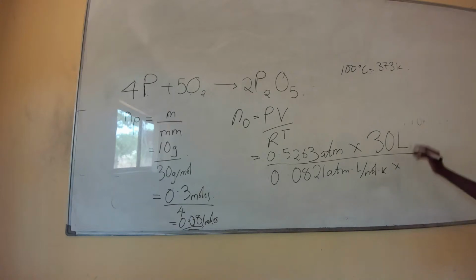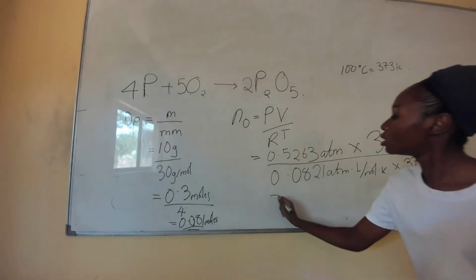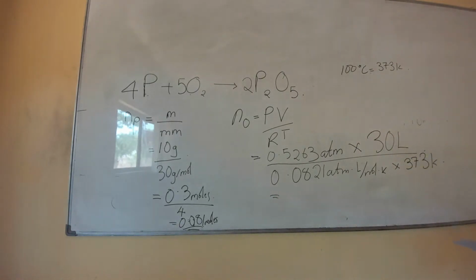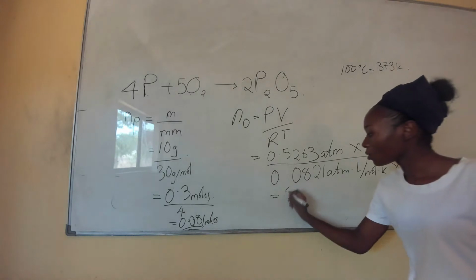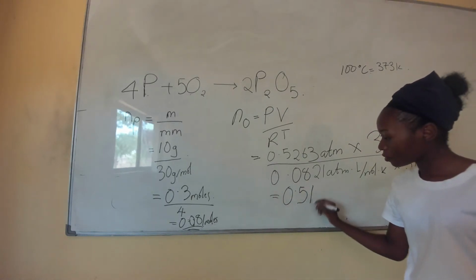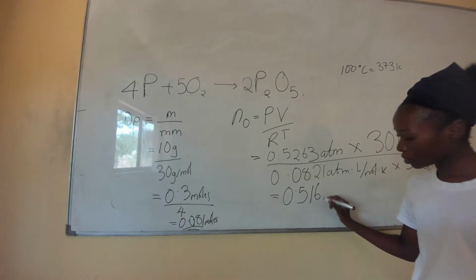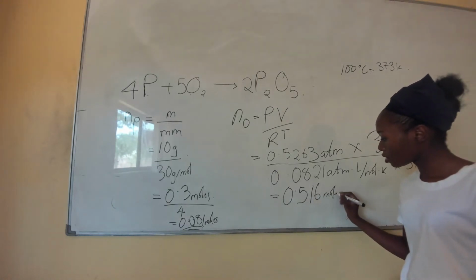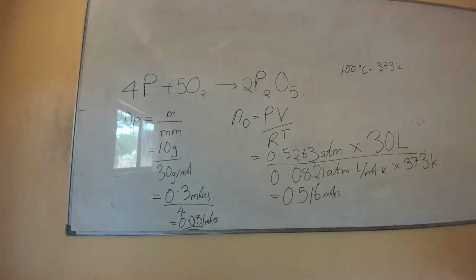Then we have the temperature, which we take as 373 Kelvin. After dividing everything, our final answer is 0.516 moles.